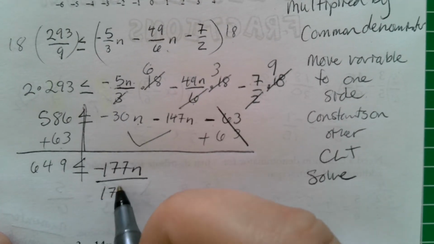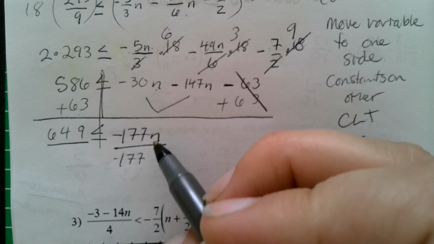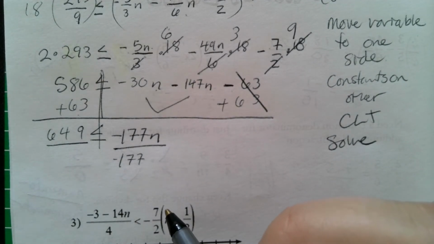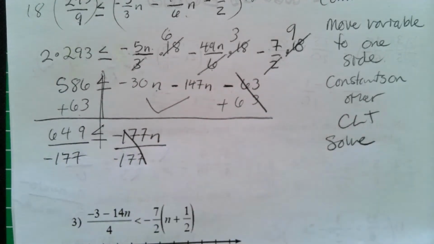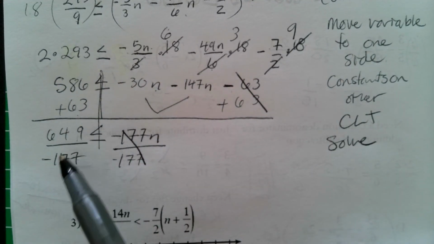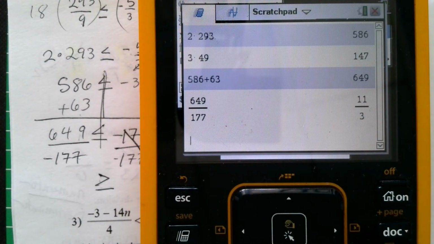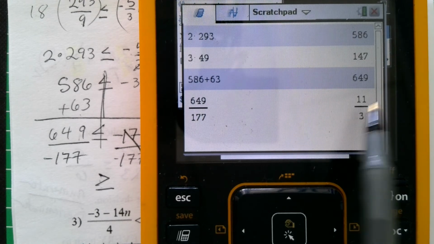You gotta remember to flip it. Notice we're not dividing by the n. We're never gonna be dividing by the letter. I mean, you will at some point in your life, but not yet. Okay, and then I literally just put this in the calculator. See? And it's gonna give me the reduced fraction. Don't forget it's a negative though.